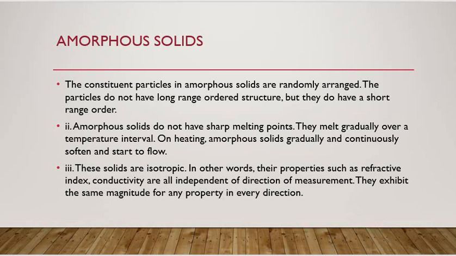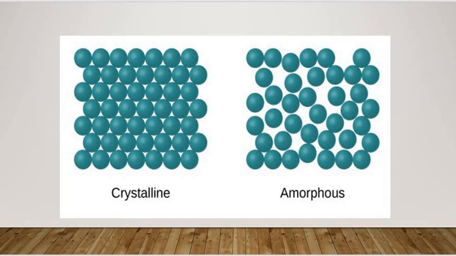Examples of amorphous solids are glass, plastic, rubber, and tar. You can see here the particle arrangement of crystalline solids and amorphous solids. In crystalline solids the particles are properly arranged, and in amorphous solids the particles are randomly arranged.